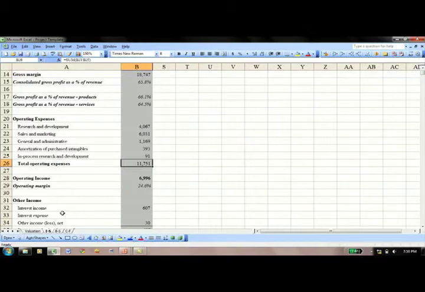So research and development is everything that Cisco spends on researching new products, developing new software, developing new services. This is their R&D bucket. Sales and marketing is the sales staff that Cisco has, the marketing people that Cisco has, the marketing programs that Cisco has, the sales conferences that Cisco employees attend to promote sales of their products and services.